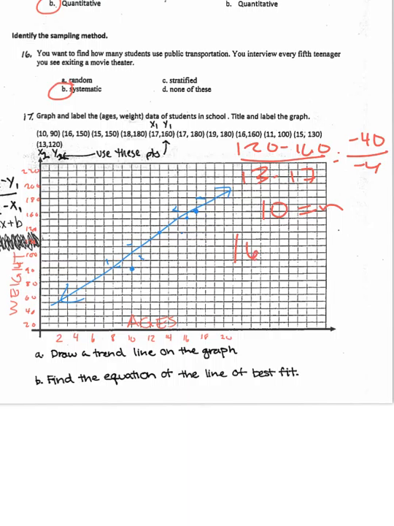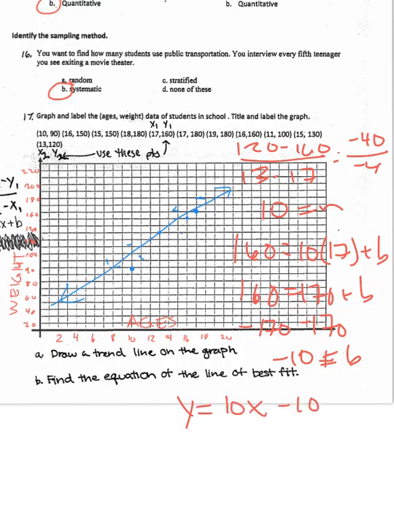So I got 160 equals 10 times 17 plus b. So 160 equals 170 plus b. Subtract 170. Get b is negative 10. So then my equation in slope-intercept form is y equals 10x minus 10. Got it.